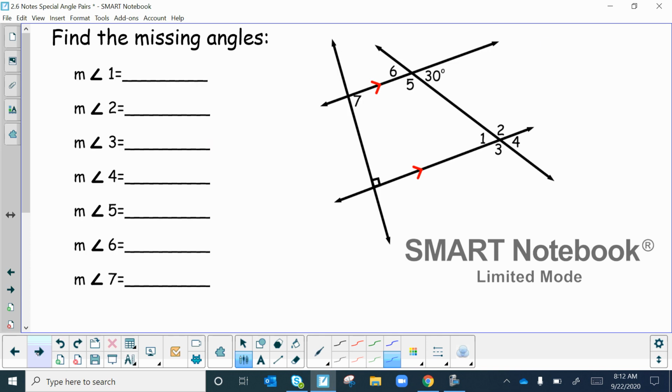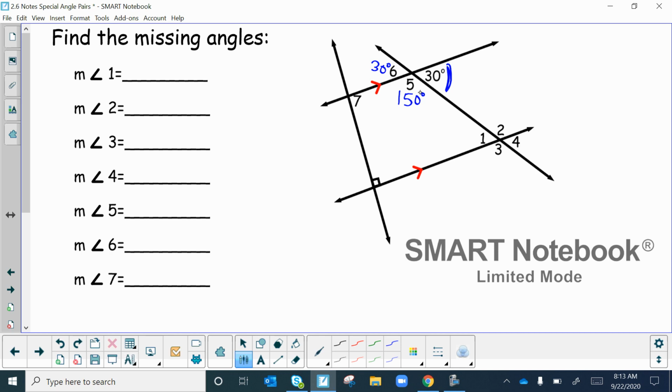All right, so let's try some examples. Find the missing angles. Well, I have 30 degrees. The best thing to do, guys, is to fill out every angle you know. So I see a 30-degree angle right here, and I know 6 is going to be 30 degrees. I know 5 is supplementary to the 130, so that's going to be 150.